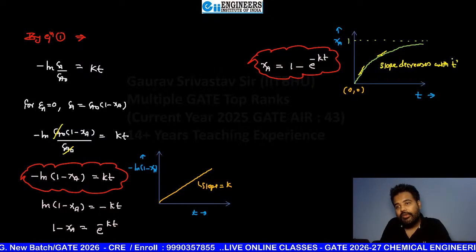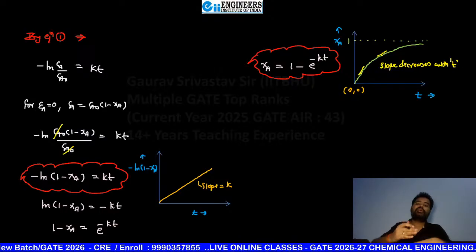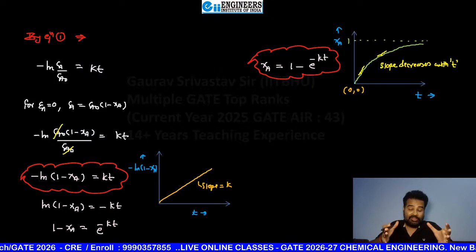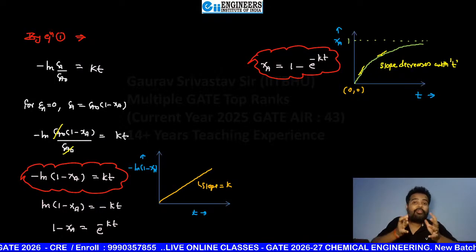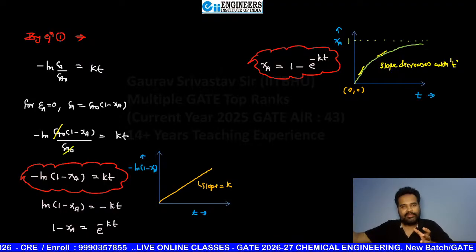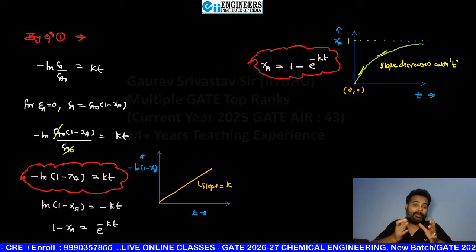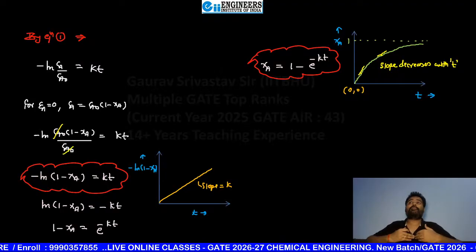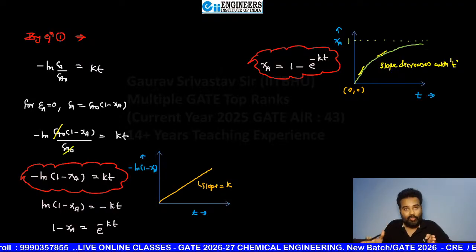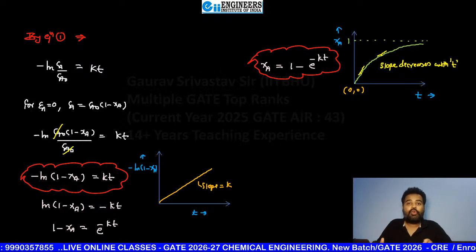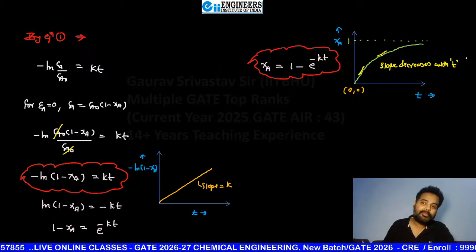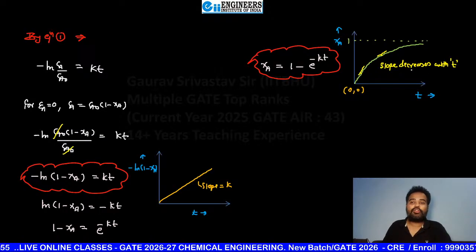If the concentration nature is that slope decreases with time, and initially the rate is faster, initially the reactant is going to be consumed faster, and then slower, slowest. So the same thing is going to happen with conversion, na? That initial 30-40% you got initially, then 40 to 50 takes more time, 50 to 60 again takes more time, 60 to 70 again more time, 70 to 80 again more time. Are you getting my words? Is it crystal clear to all of you, beta?